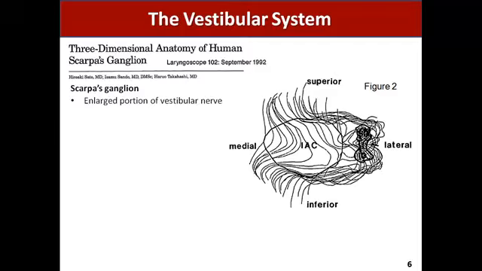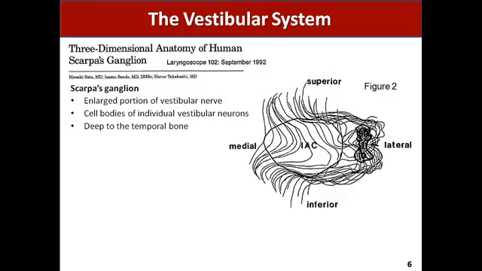Scarpa's ganglion can simply be described as the enlarged portion of the vestibular nerve, which contains the cell bodies of those vestibular neurons in a similar manner as the dorsal root ganglion houses the cell bodies for sensory nerves in the peripheral nervous system.